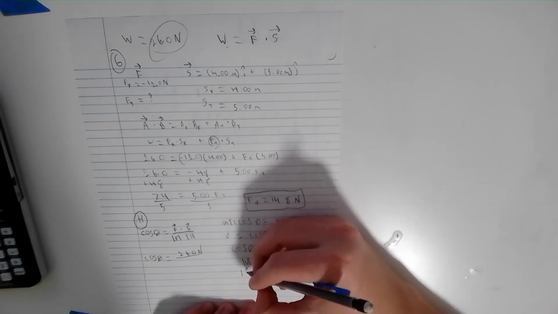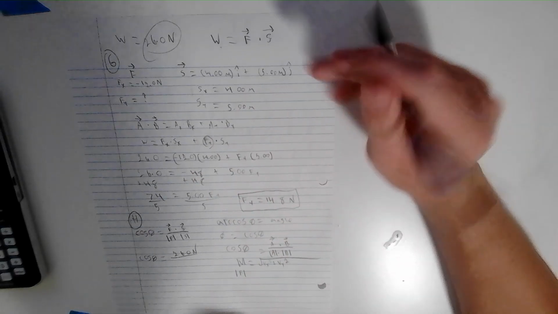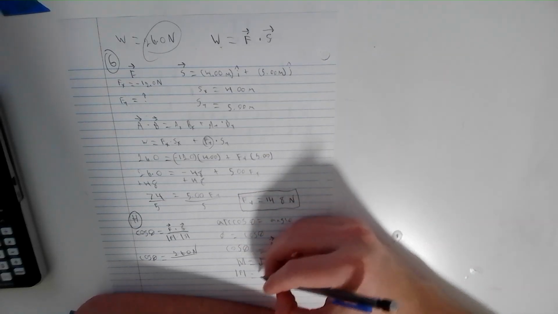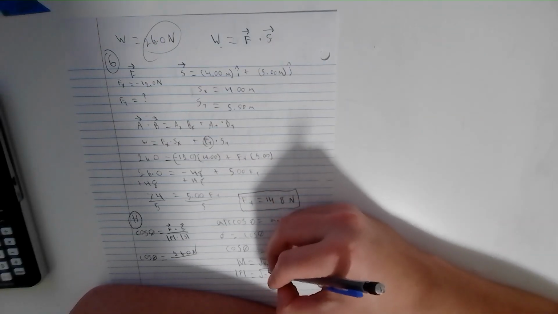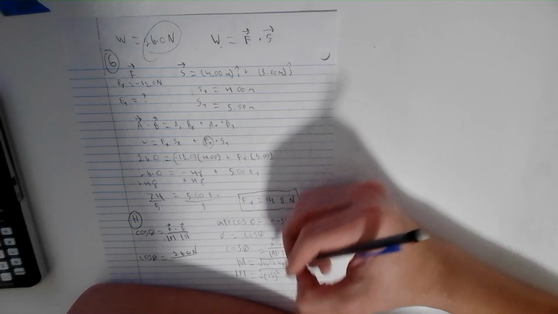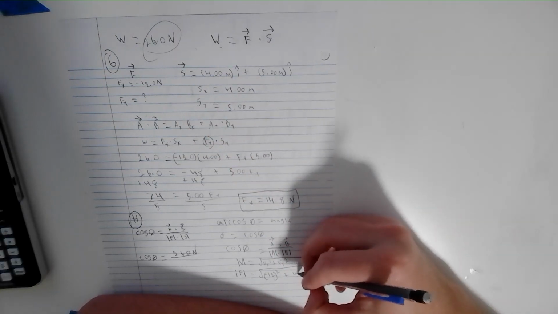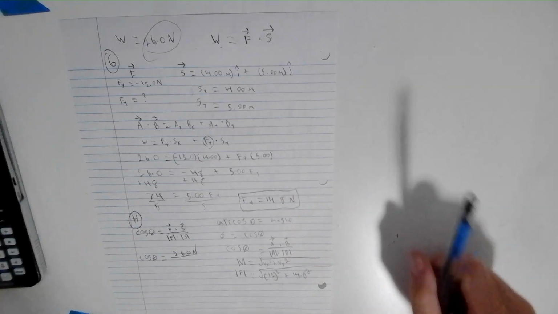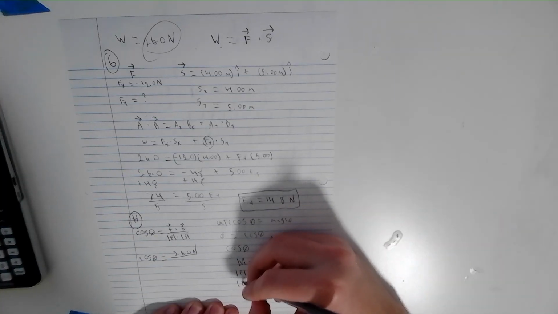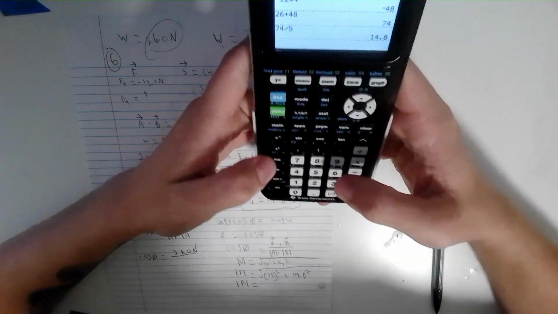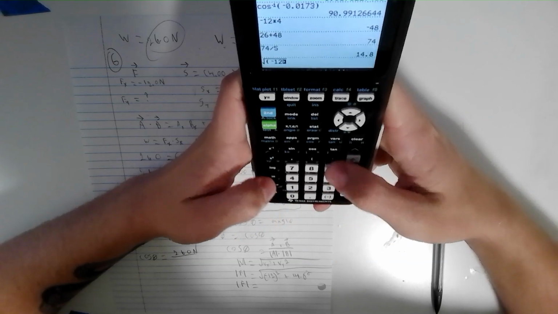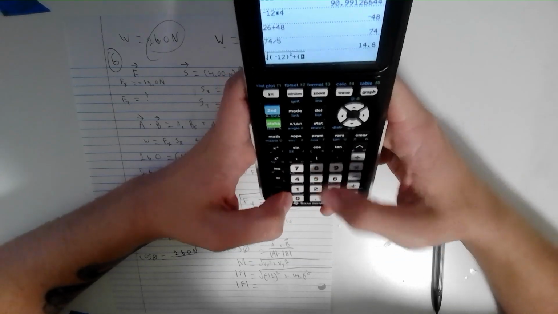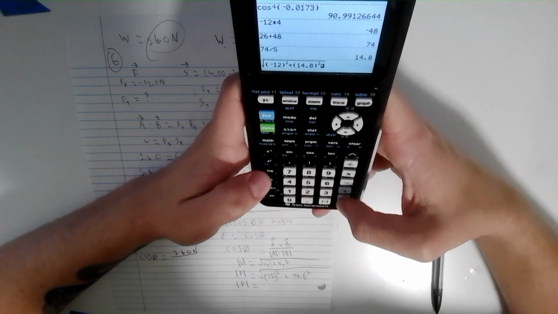So magnitude of f equals square root of f of x, which is negative 12 squared, plus f of y, which we just found, 14.8 squared.